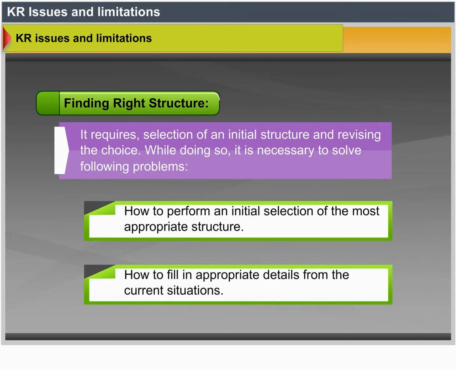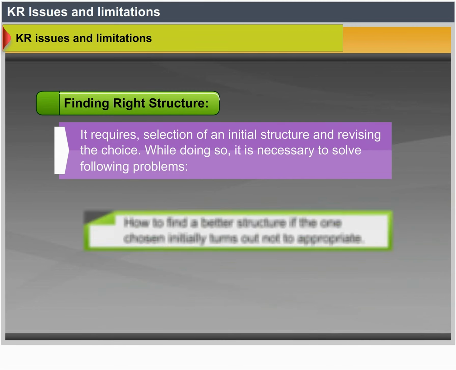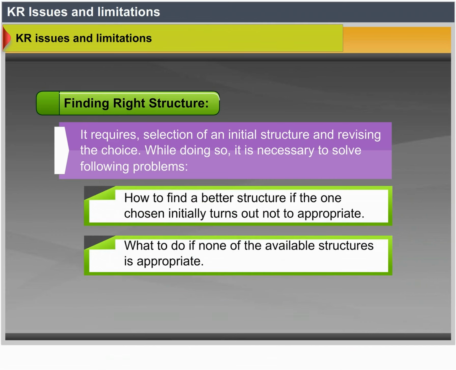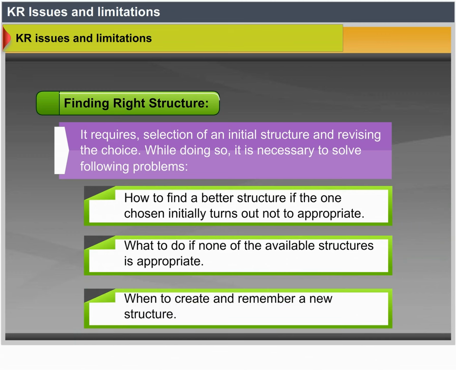How to fill in appropriate details from the current situation. How to find a better structure if the one chosen initially turns out not to be appropriate. What to do if none of the available structures is appropriate. When to create and remember a new structure.